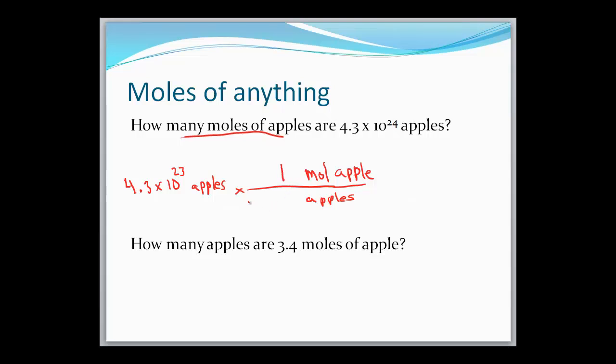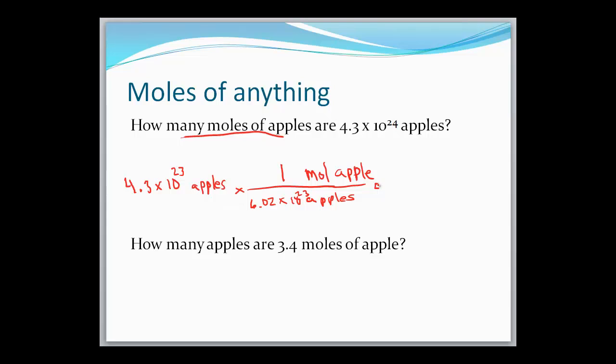Remember, 1 mole is 6.02 times 10 to the 23rd apples. When we do the math here, 4.3 times 10 to the 23rd divided by 6.02 times 10 to the 23rd, we get 0.714. Now the units, apples, cancel, so it's 0.714 moles of apples.